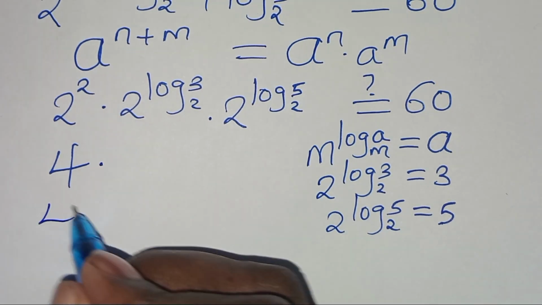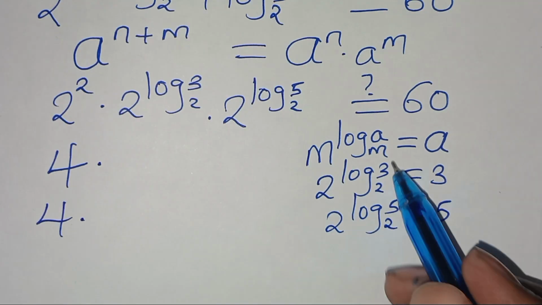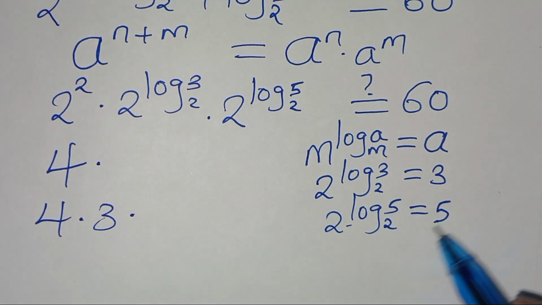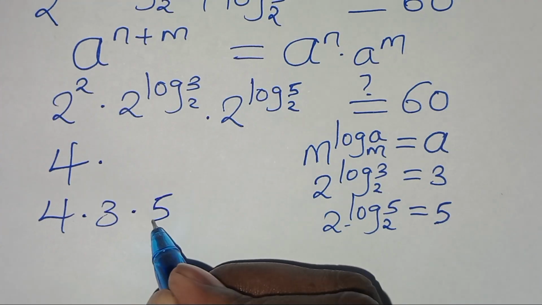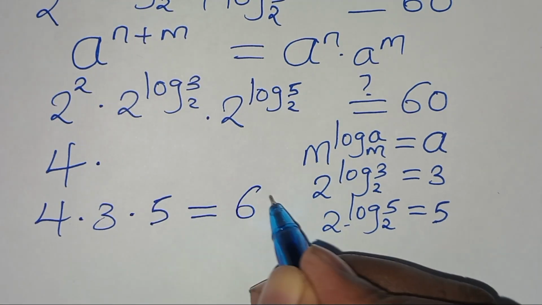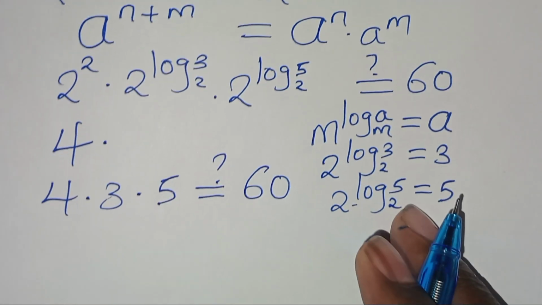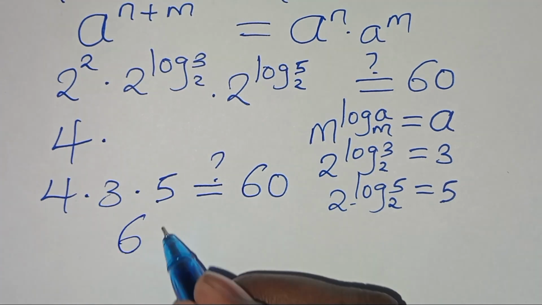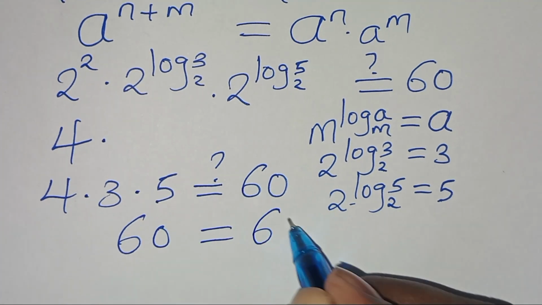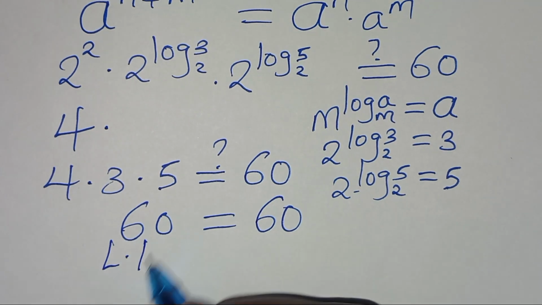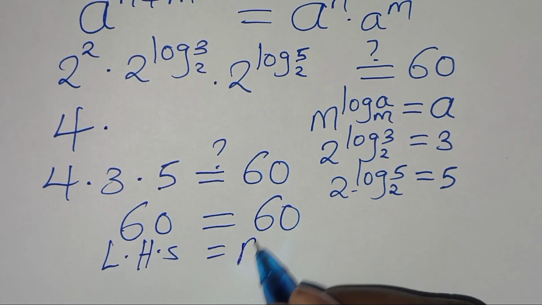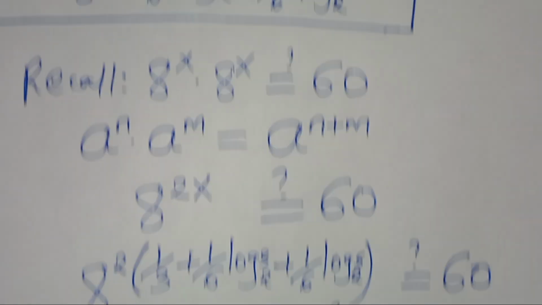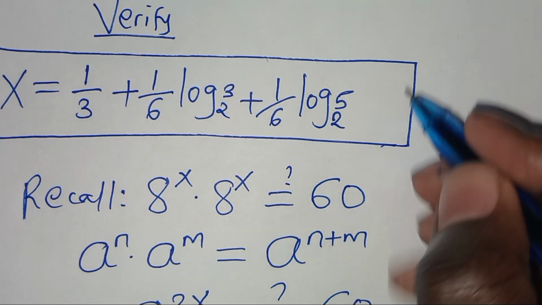So here we have 4 times 3, times 5. This should give us a value of 60. So 4 times 3 is 12, times 5, this is equal to 60. So the left hand side is equal to the right hand side, and this implies that the value of x satisfies the equation.